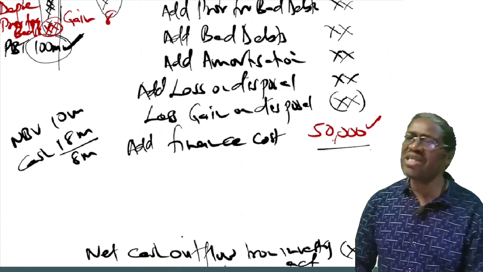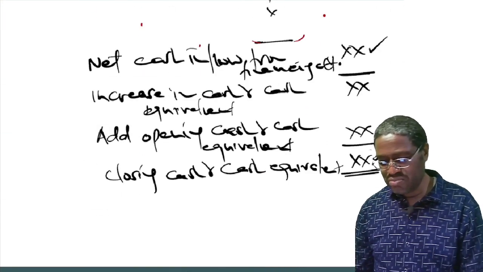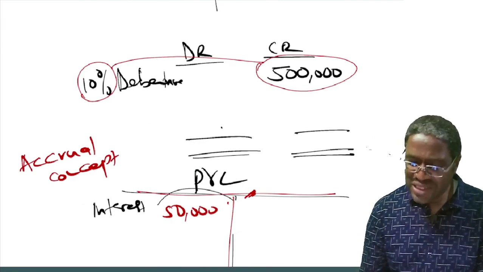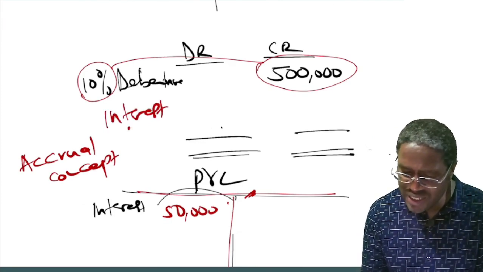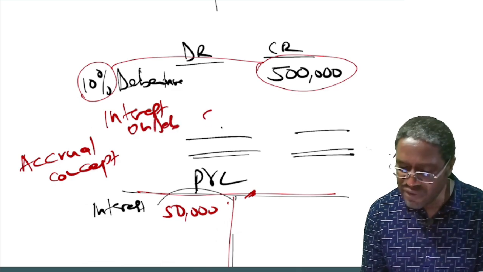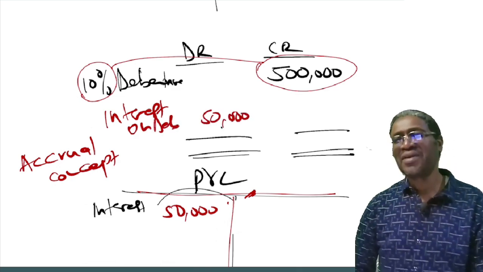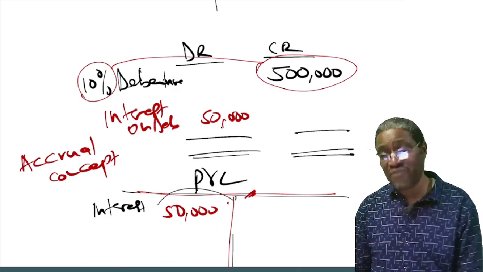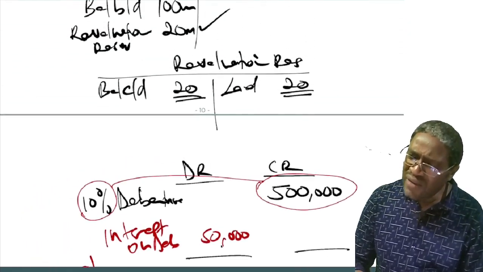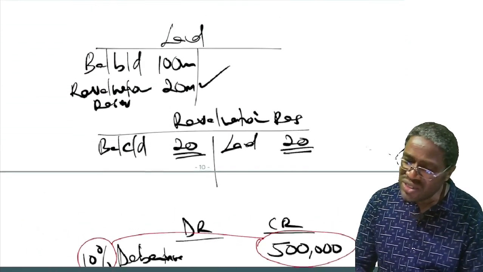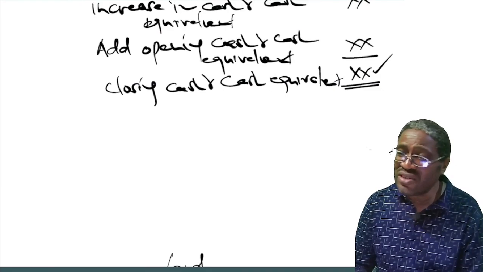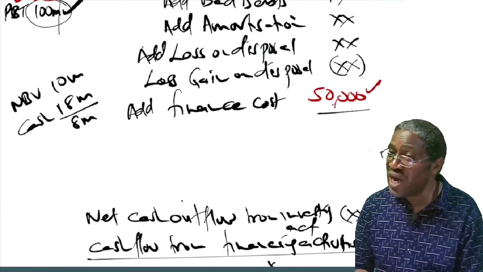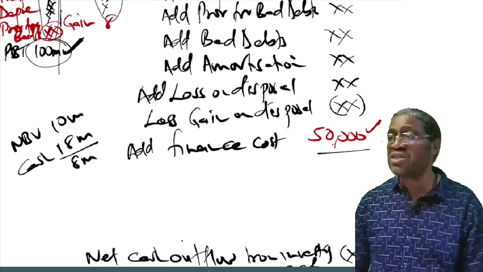Let me make it better. Suppose in the trial balance, there was interest on the debenture, 50. Would you still have 50 as a non-cash item among the operating activities?